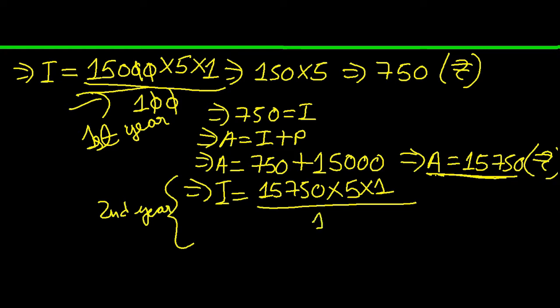So 15,750 into 5 into 1 by 100. So zeros are cut and 5 ones are, 5 twos are, 2 ones are, and we will get this in decimals.